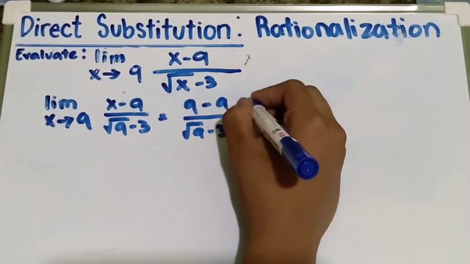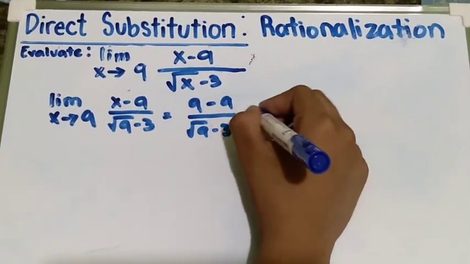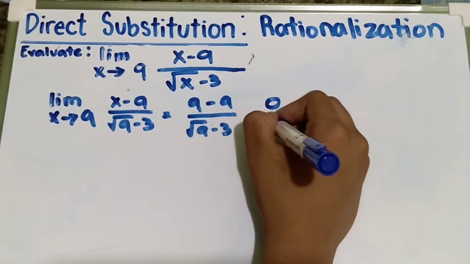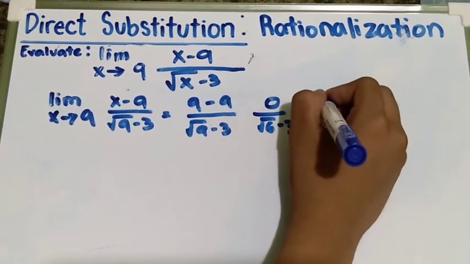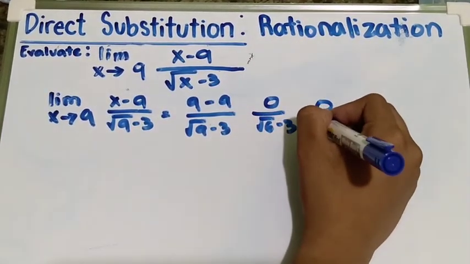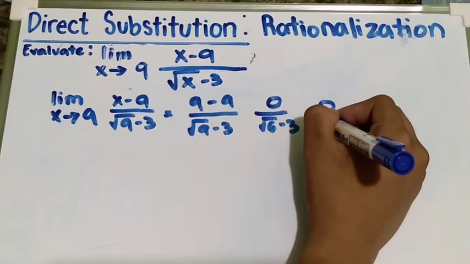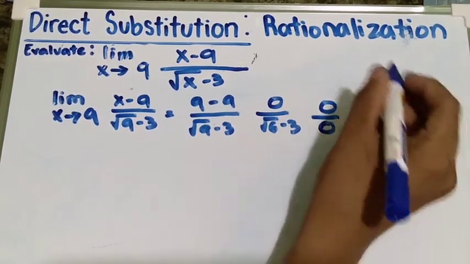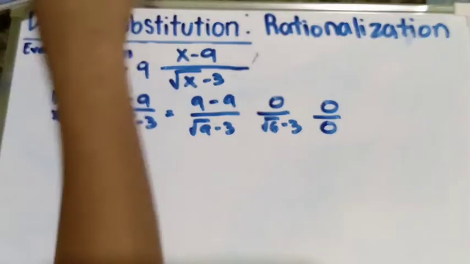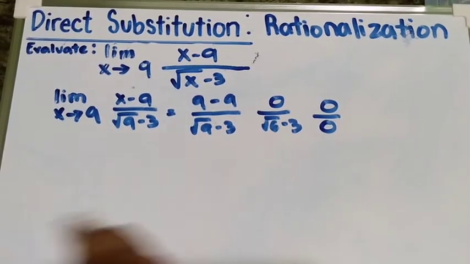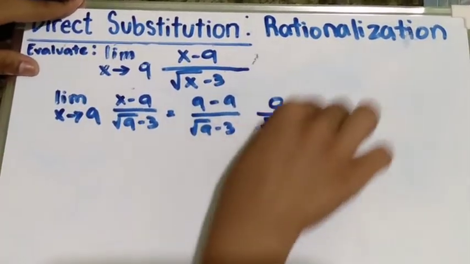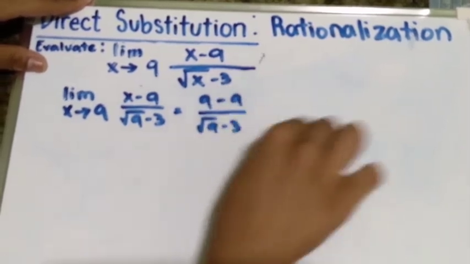So 0 over... sorry, we will correct it right away. So it is going to be 0 over 3 minus 3.